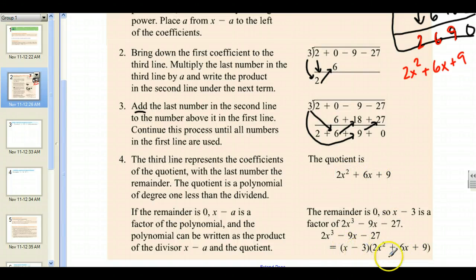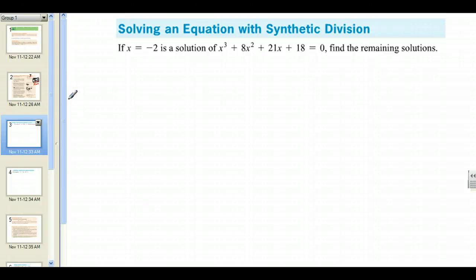If you were to distribute and multiply this out, you would get right back to what we started with. You can multiply that and verify if you want to. Hopefully again review, come back and look at this as you need to. We'll do a lot of examples, so you should have plenty of examples of the synthetic division process in this video.